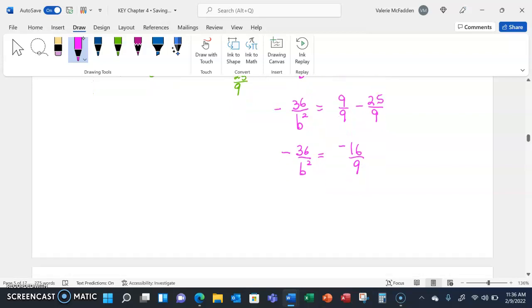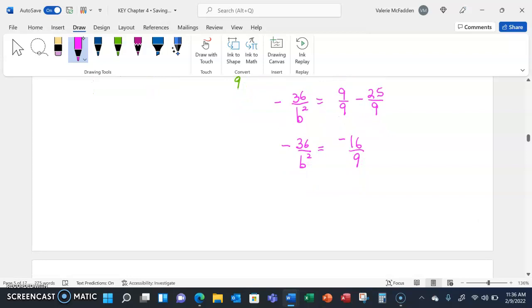Keep the common denominator. If I divide by -1 on both sides, it'll make these two sides positive. And then I'm going to cross multiply in order to solve and find b squared. That gives me 16b squared is equal to 9 times 36, which is 324.